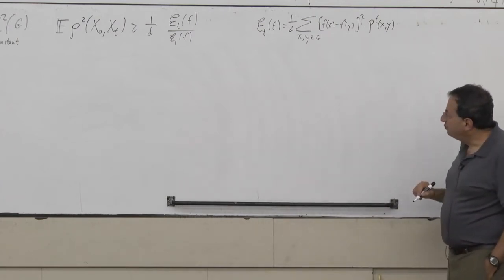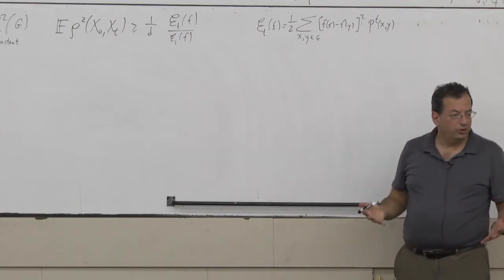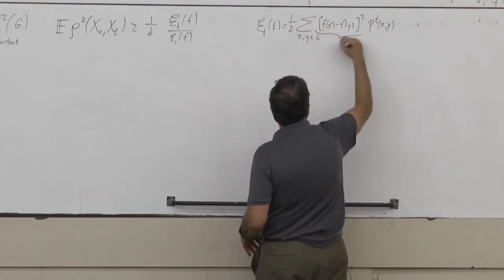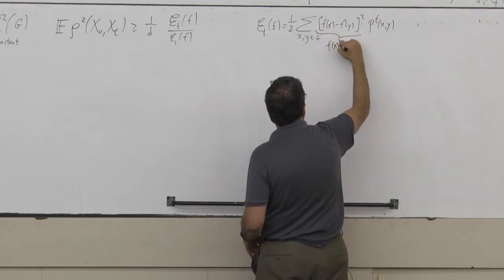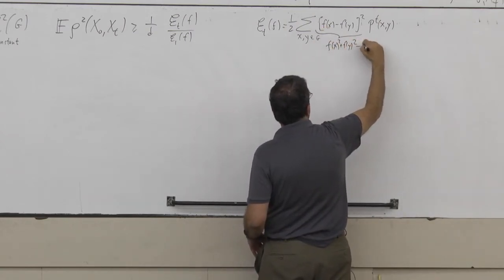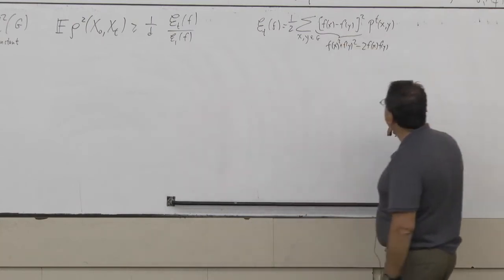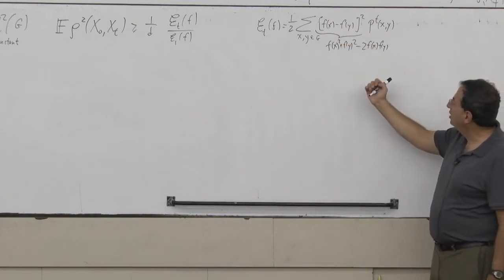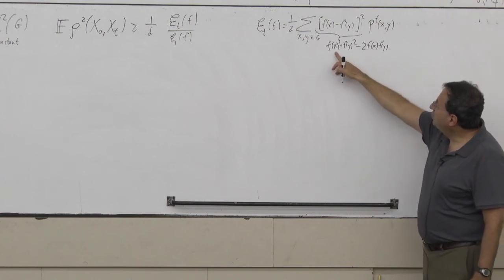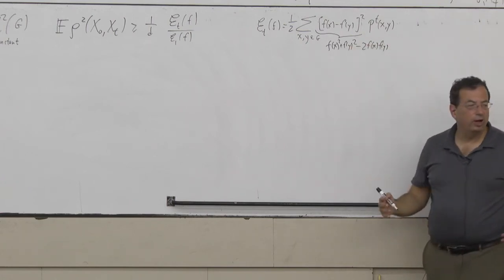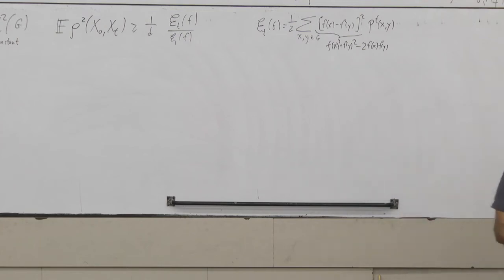And because the simple random walk is reversible, there is an alternative representation which is useful. So if you take this square and expand it, you write it as f of x squared plus f of y squared minus 2 f of x f of y, and you look at each term separately. What contribution does it give? If you just take f of x squared multiplied by pt of x, y and sum over x, y, well, the sum over y of pt of x, y will just give you 1.